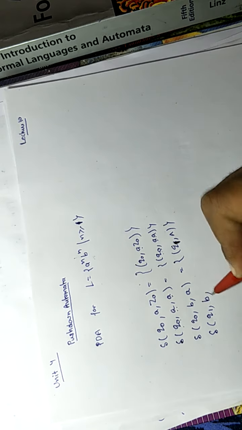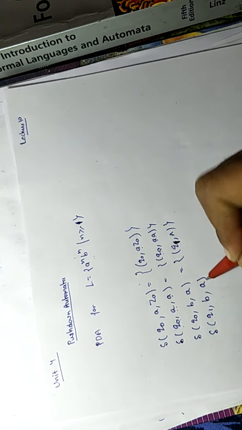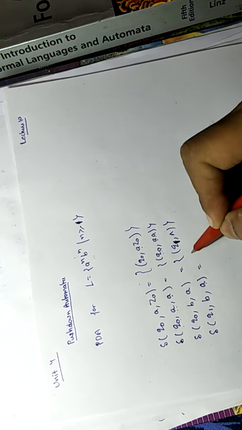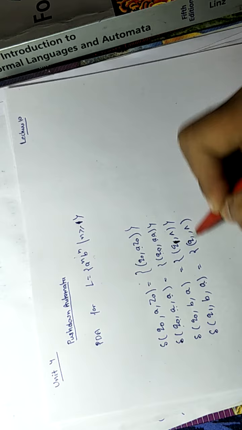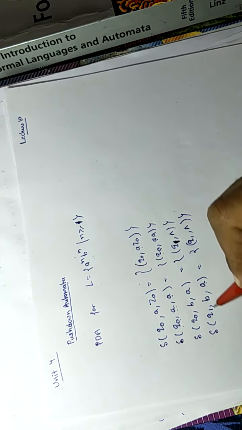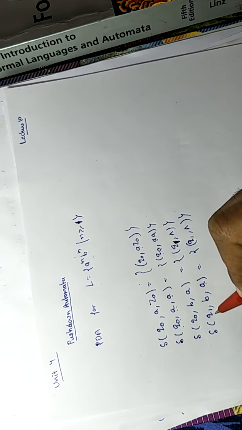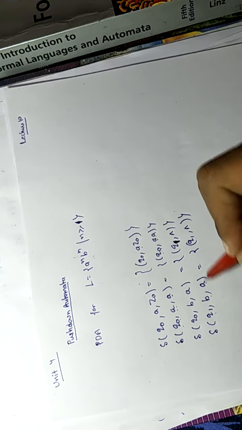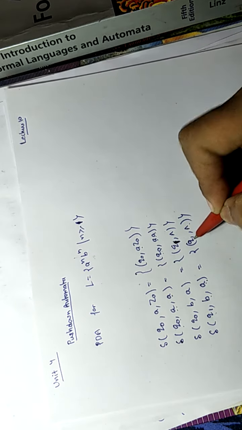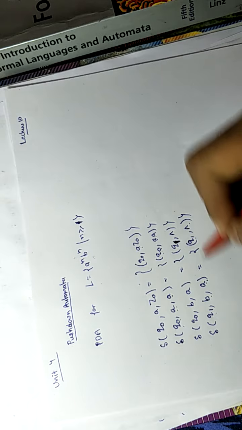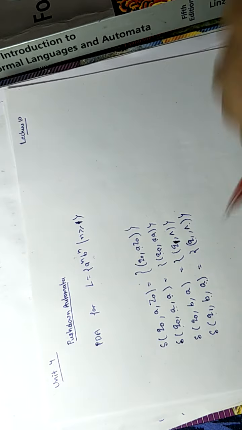If we get another b, we will get a on the top again. Then we have to pop it, and the state will be q1 again, so it becomes a self loop. We are at q1, we get b in input, a on the stack, we pop it and reach q1 again. We have to repeat this process for every b.